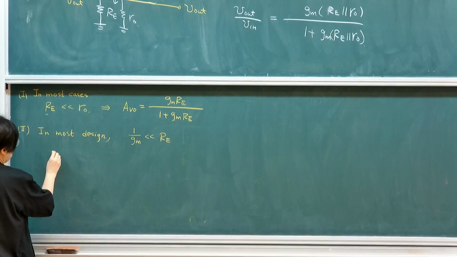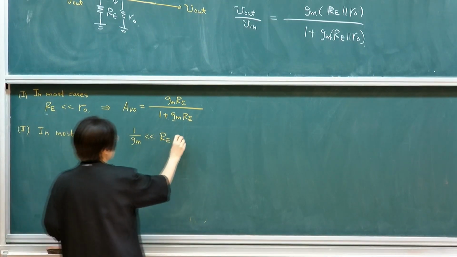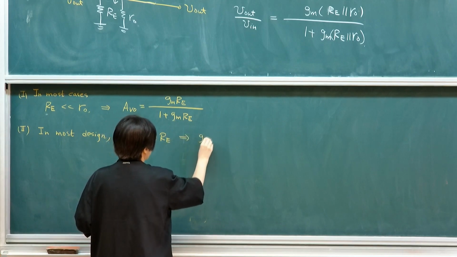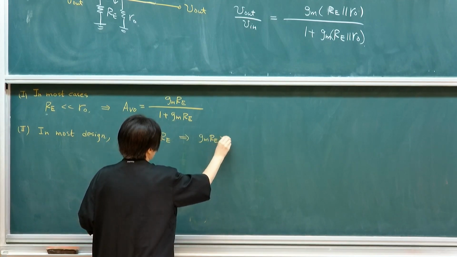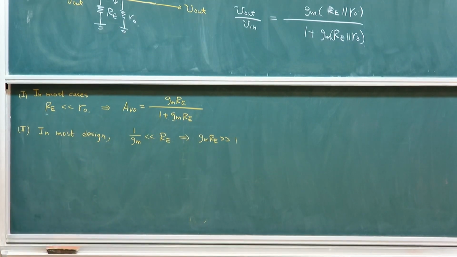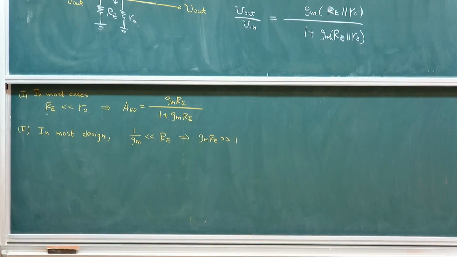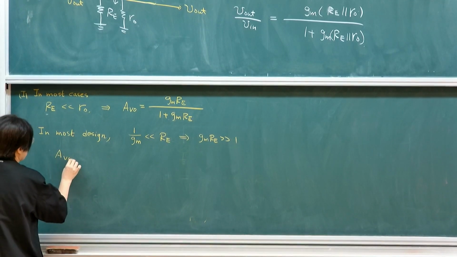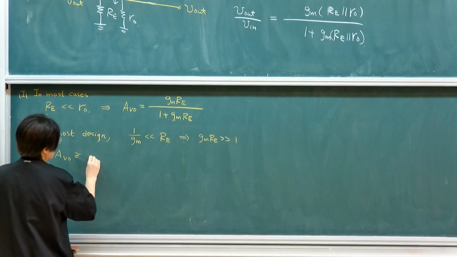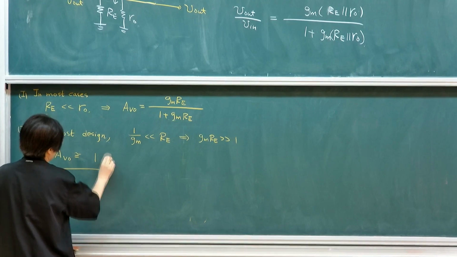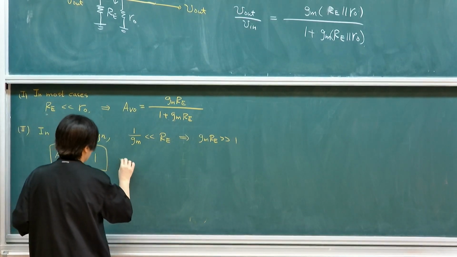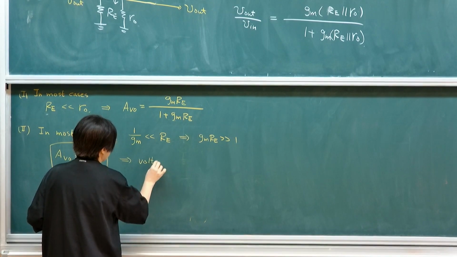So this simply implies that you make GmRE larger than 1. Even though I say larger, from a circuits perspective, larger typically means 10 times larger. That will give you almost 0.9 in your voltage gain. So your voltage gain will become approximately 1, and that will deliver a voltage buffer.